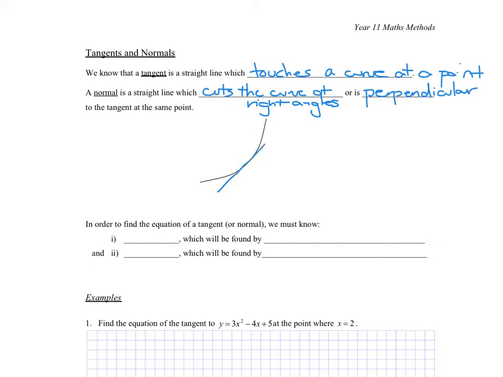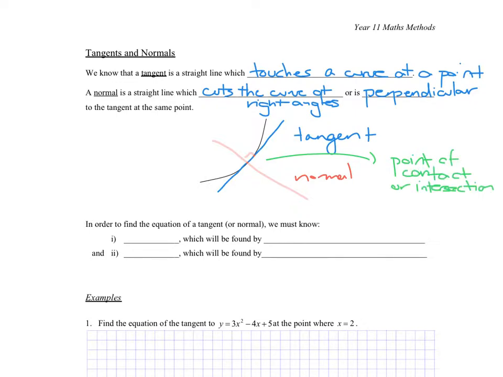So say we've got our tangent here, then our normal would look somewhat like this. You'll notice that that's a right angle in there, and that's the normal. Now we call this in here the point of contact, and it also happens to be the point of intersection. Alright, so this is the point of contact or intersection.